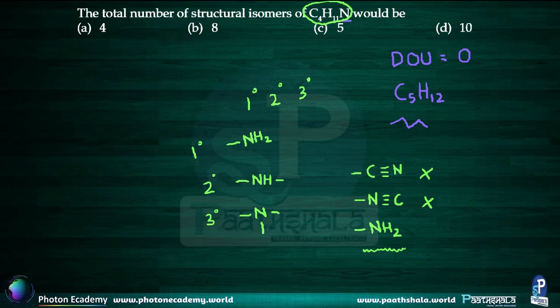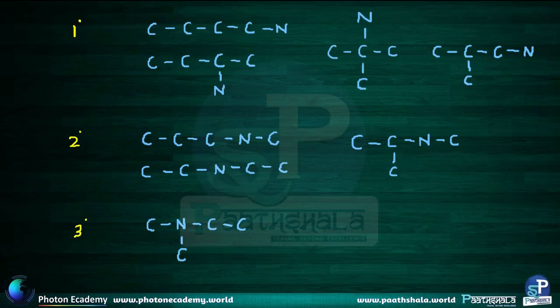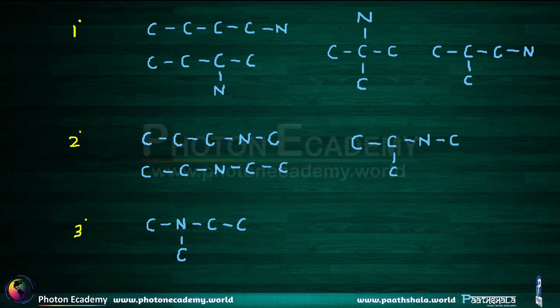So now we have to make a list of all the possible structures: all possible 1 degree amines, all possible 2 degree amines, and all possible 3 degree amines. I have already done this work here. For 1 degree amine, we can have this structure in which the nitrogen atom is attached to the carbon atom at the end of the chain.